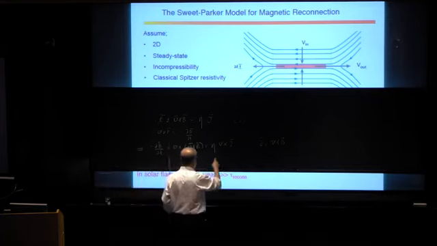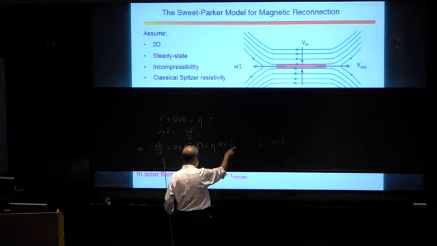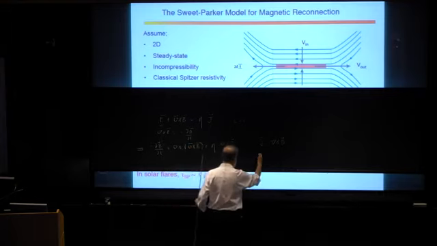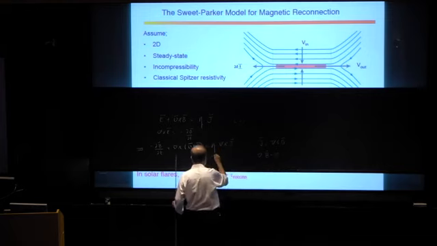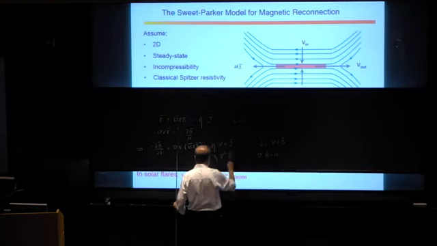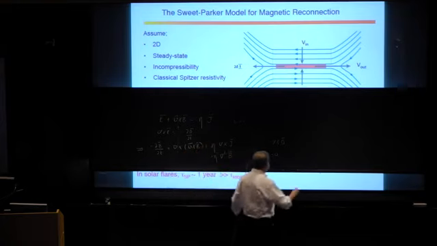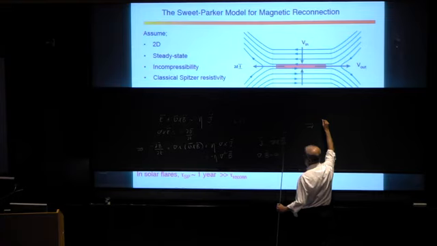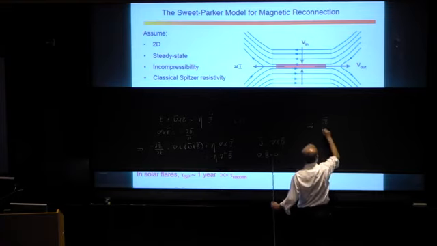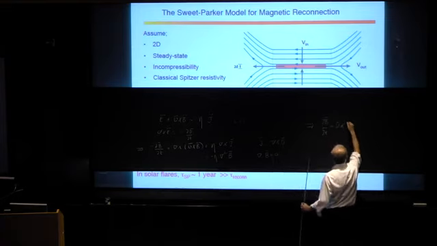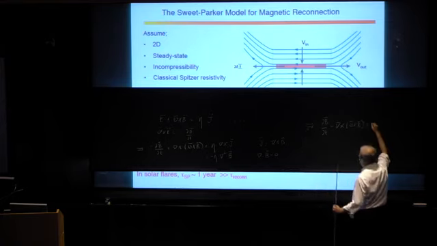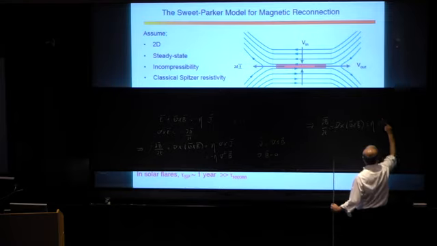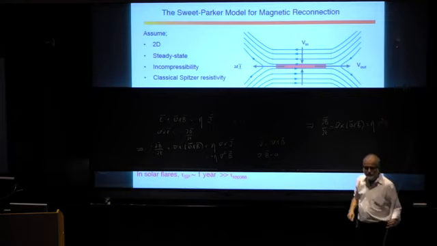And so if you write the curl of B and you use the fact that del dot B is 0, then this becomes minus eta del square B. So therefore, right?